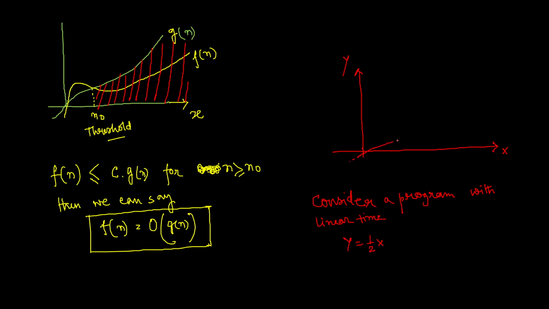So it will be something like this. This is y equal to 1 by 2x. If you take one more curve, this is y equal to x. Let's take one more curve.